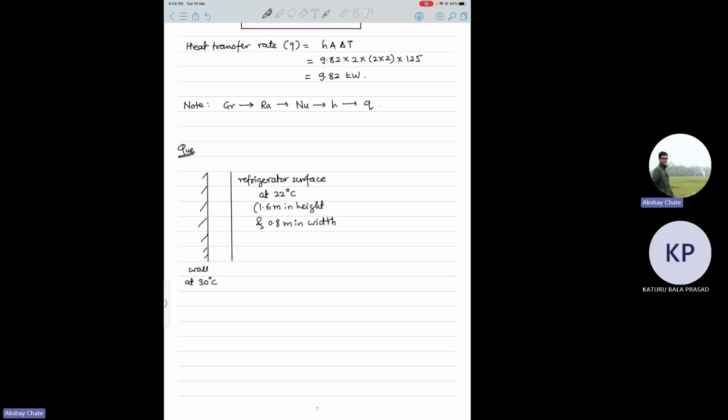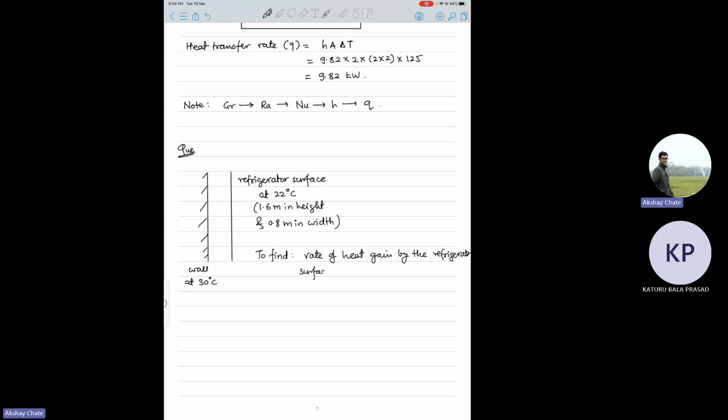So this is the dimension of the refrigerator surface which is facing the wall. And we need to find the rate of heat gain by the refrigerator.